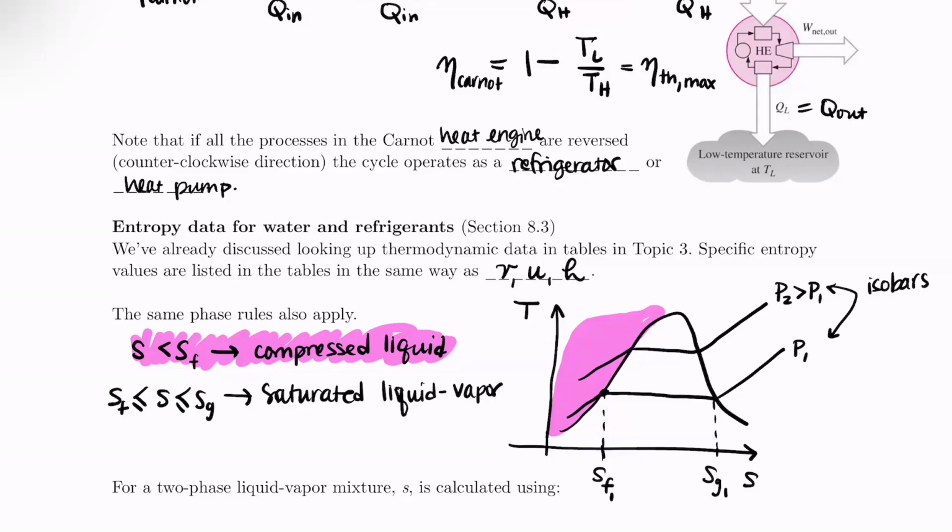So that would be under the vapor dome. All right, so we would be in here. And then finally, if our entropy is greater than s_g, then this is a superheated vapor.